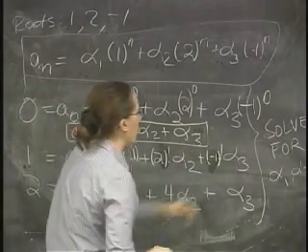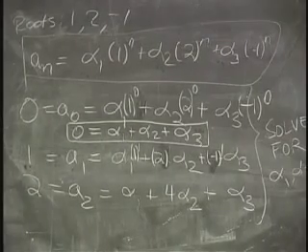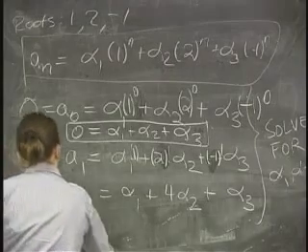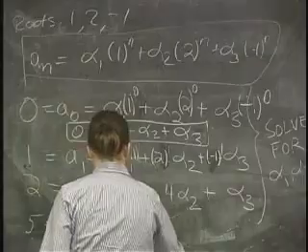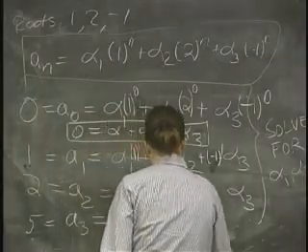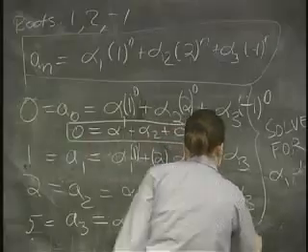I also know that a_3 is supposed to be equal to 5, so I can set up another equation: 5 equals alpha 1 times 1 cubed plus 2 cubed times alpha 2 plus minus 1 cubed times alpha 3.